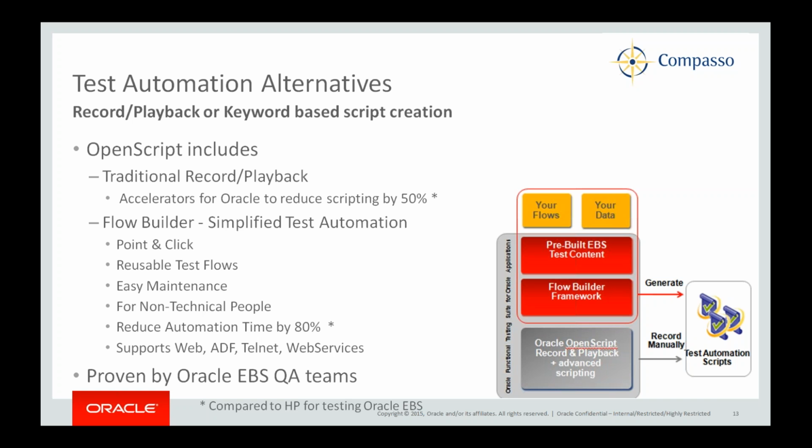This is what we've seen at the EBS QA team, as well as customers. If you throw in Flow Builder into the mix, you can reduce the scripting effort by another 60% on top of the 50, which gives you a reduction of up to 80%, which is an amazing number.